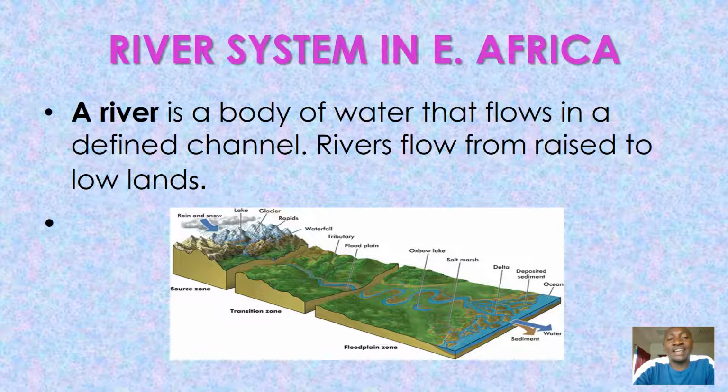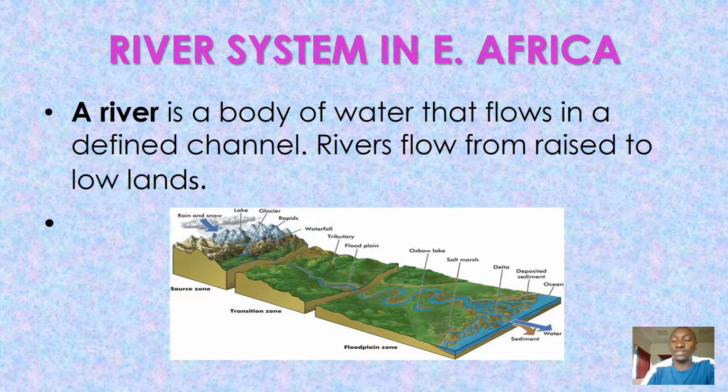Rivers generally flow from raised areas like mountains or hills, and pour their water in the lowlands. Lowlands can be swamps, lakes, seas or oceans.